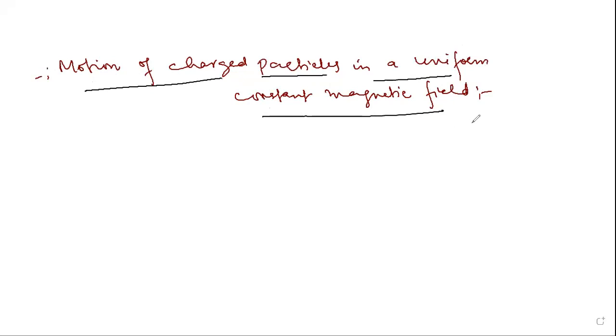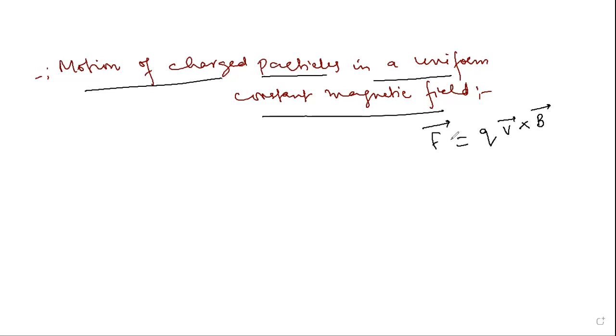So last time we said if a charged particle Q enters a magnetic field with velocity V, B denotes here magnetic field, then it experiences a magnetic force F given by this expression F is equal to QV cross B. So by the definition of cross product, this force F is perpendicular to V and perpendicular to B both, right?